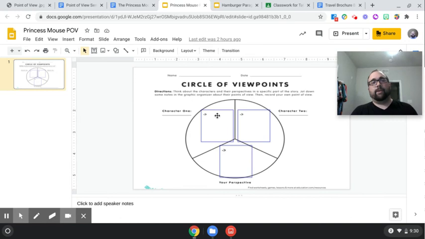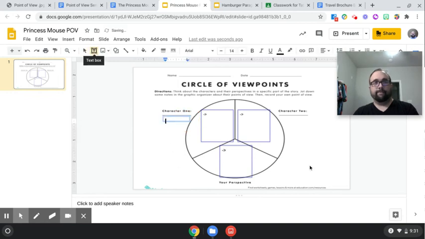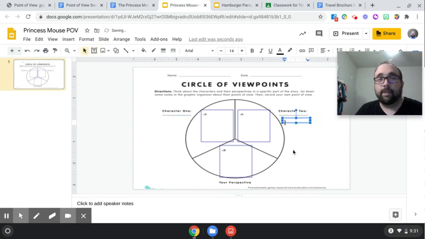So you'll choose one character, point A. You'll choose a second character, point B. You'll choose the characters. You'll write them down.